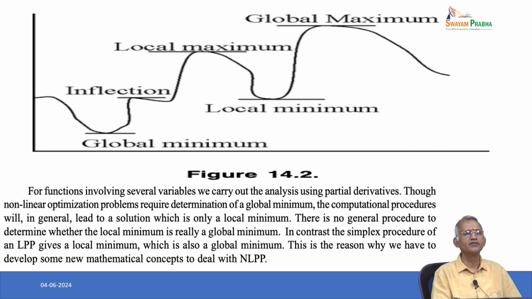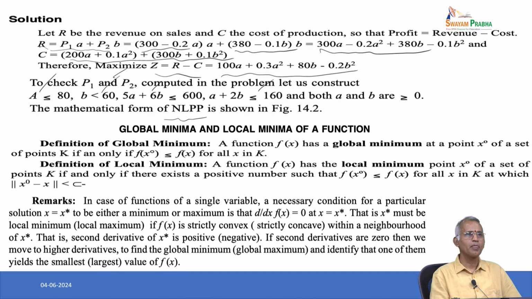These are all the things we have to check with the help of the objective function subject to the constraints, and we have to check for non-linear optimization to determine the global minimum, and we have to use computational aspects to find the local minimum, and we have the procedure to determine whether the local minimum is really the global minimum, and this simplex procedure we have to check out, and the reason why we have some mathematical concepts to deal with LPP.